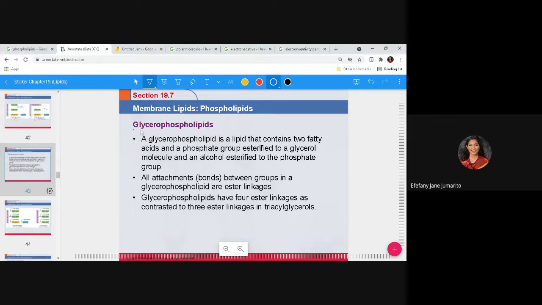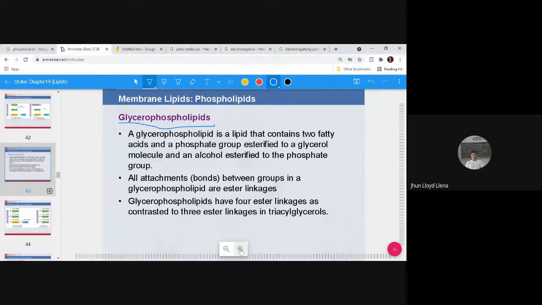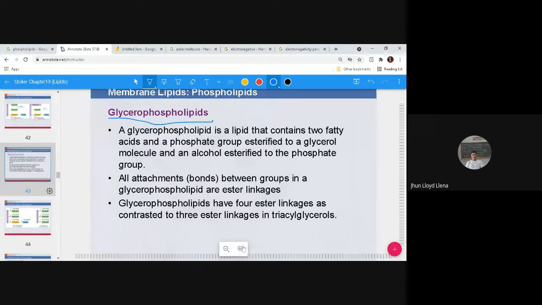Okay, so we have this one, glycerophospholipid. Please read. Glycerophospholipids. A glycerophospholipid is a lipid that contains two fatty acids and a phosphate group esterified to a glycerol molecule and an alcohol esterified to the phosphate group.